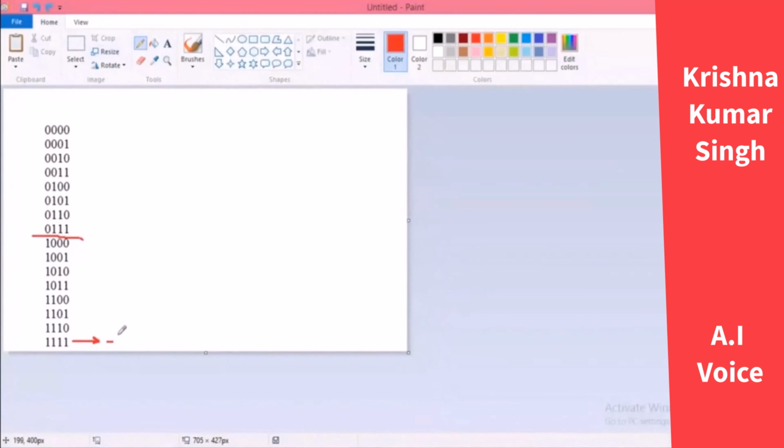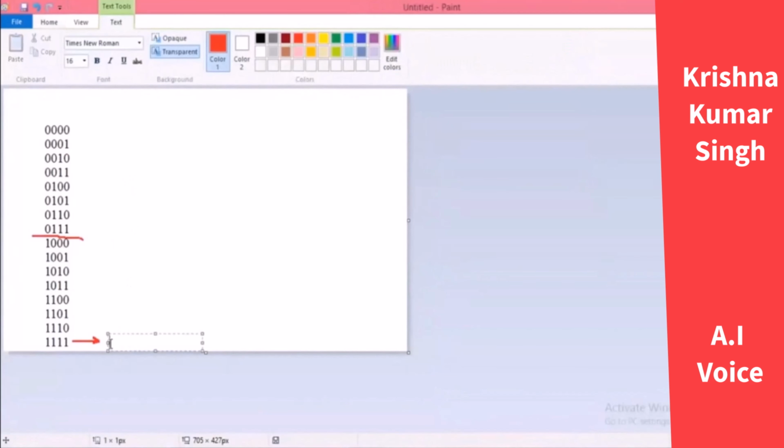So I write it from the right side: 1 times 2 power 0 is 1, plus the next one is 1 again, 1 times 2 power 1 or 2, plus 1 times 2 power 2 or 4. But the last one is 1 times minus 2 power 3, or minus 8. So if you add these numbers, minus 8 plus 4 plus 2 plus 1, it will be minus 1.